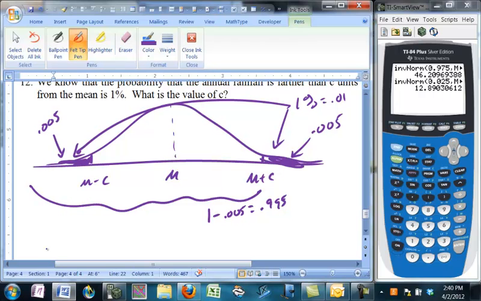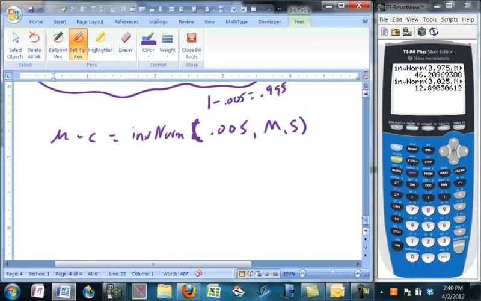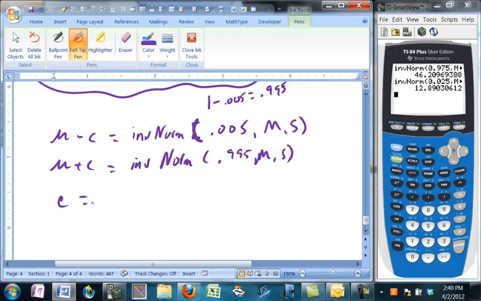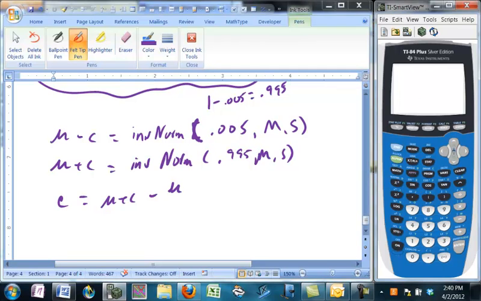If we want to find these values, mu plus C and mu minus C, mu minus C is just inverse norm of 0.005 with our M and S. Mu plus C is inverse norm of 0.995, M and S. And C then is what we get from mu plus C minus mu.